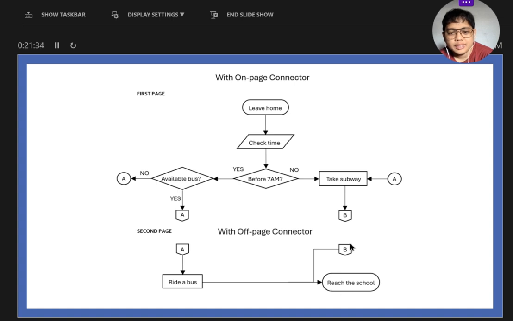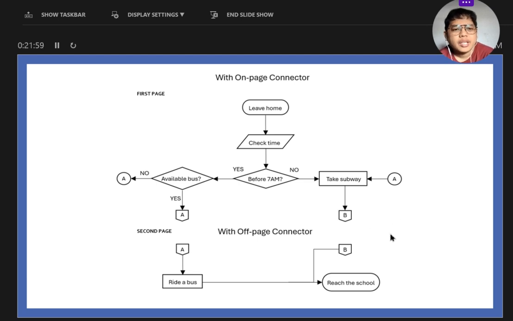This is the next flow, so we use the letter B to point here. And lastly, we use the terminal symbol to terminate the flow, if our answer or the decision here is past 7 a.m.